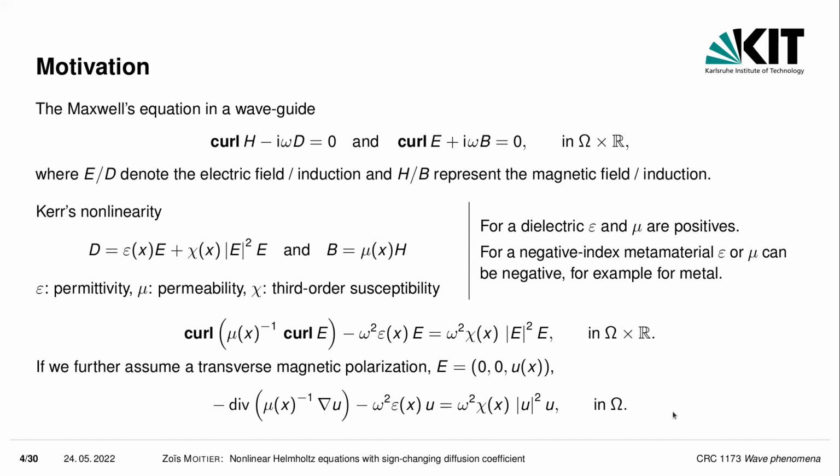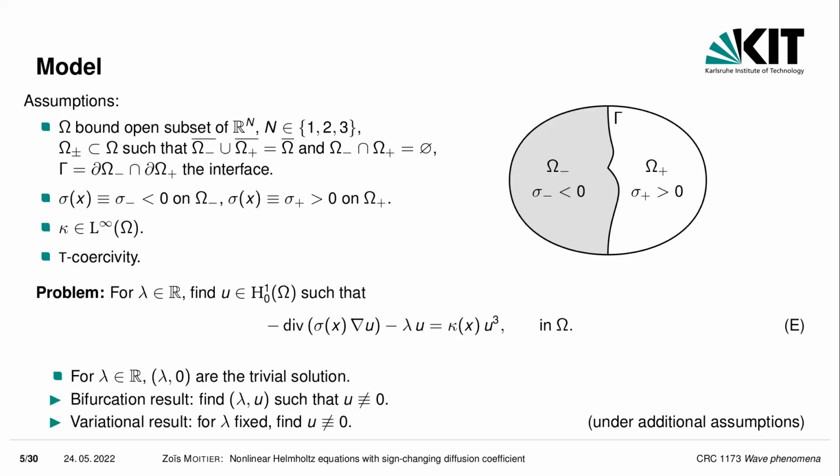So this is for the motivation, that I will simplify a bit for my model to be really simple. So I assume that I have a bounded open set Omega in R^n, where n is 1, 2, or 3, to be simple.